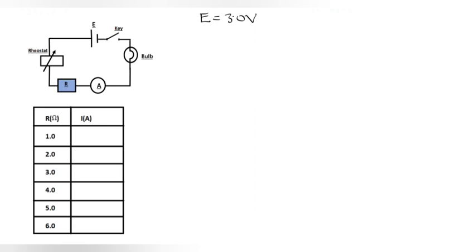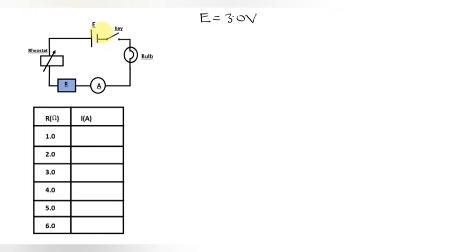Then another parameter that you need is the internal resistance. The internal resistance of a 1.5 volt dry cell usually varies from 0.5 to 1.5 ohms, but it may be greater than that due to the age and usage of the battery.